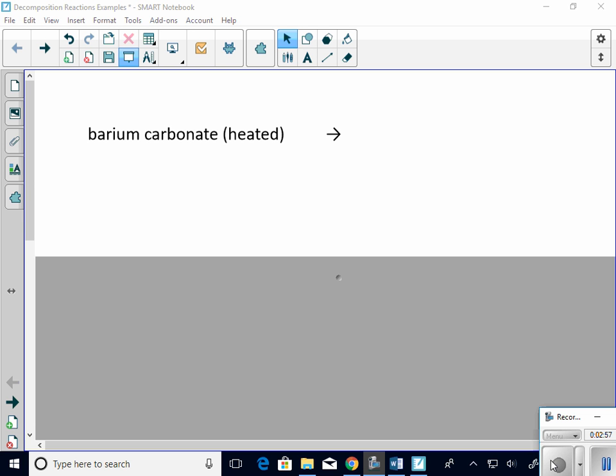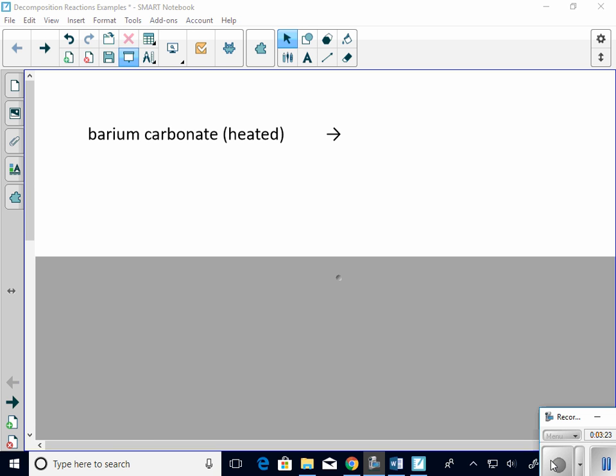What number of the 6 is this problem? Number 1, Josh says. Okay, number 1 tells me that I have a metallic carbonate heated, and it gives me a metal oxide and carbon dioxide.